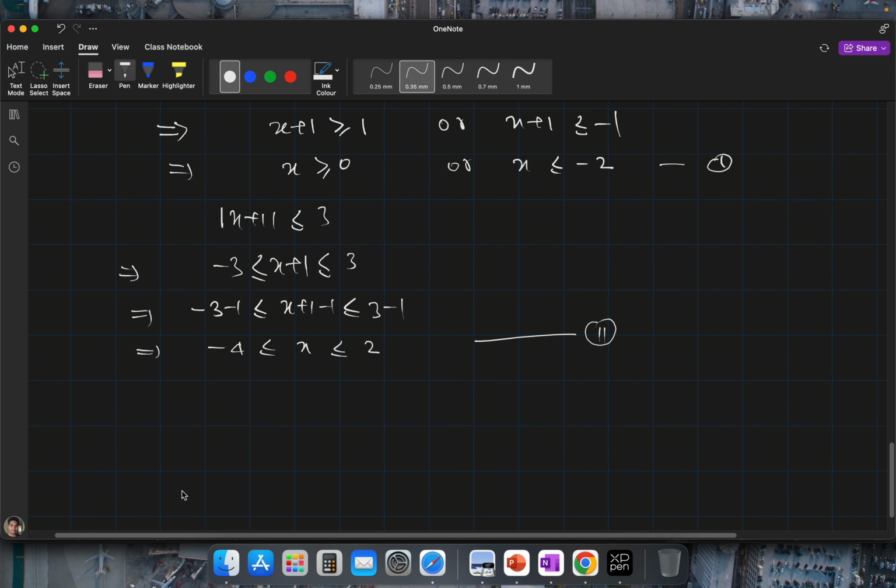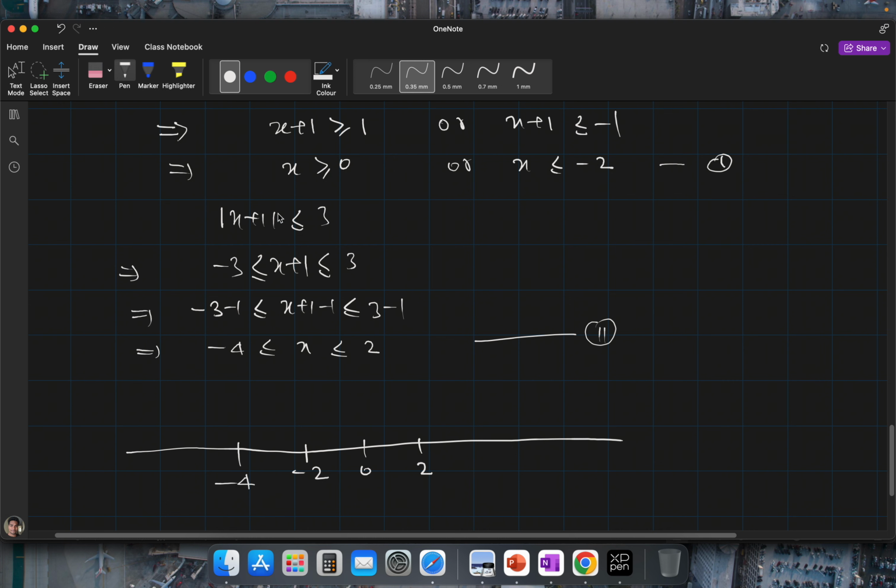Now use the number line method. You have to plot all those zeros. The first zero is 0. The second zero is x equal to minus 2. The third zero is 2. The fourth zero is minus 4, sorry, minus 4 will be on this side.